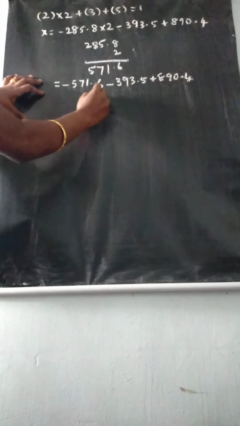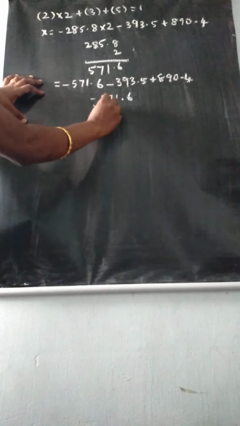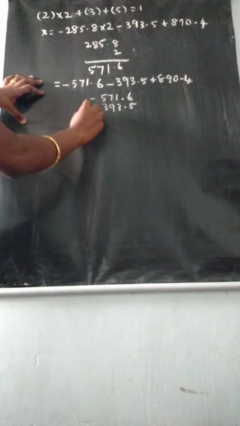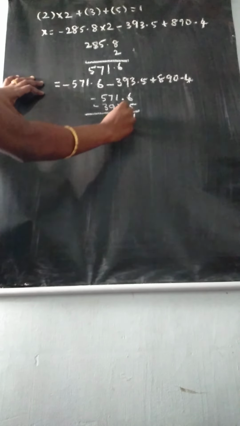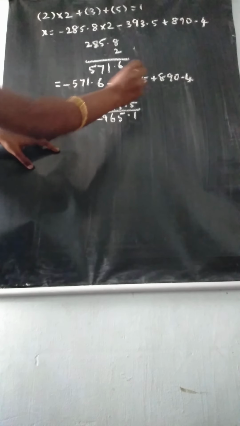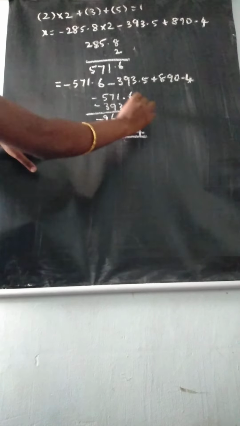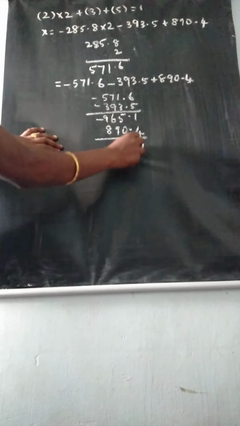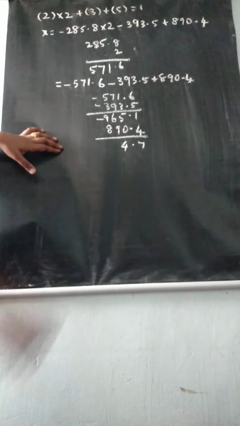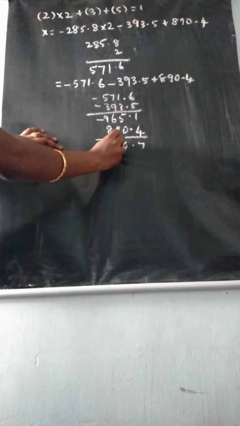First, minus 571.6 minus 393.5 is minus 965.1. Plus 890.4, so you will get the answer.